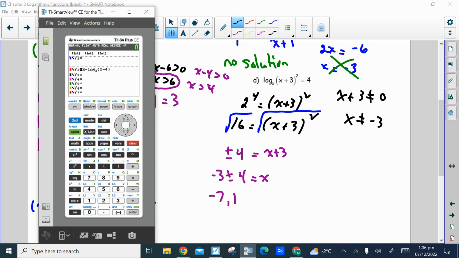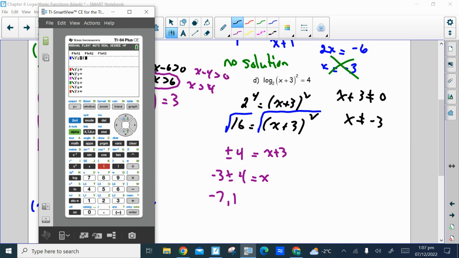It'll be the log of x plus 3 squared. Whoops, I have to fix this, because I'm just going to have one equation here. So let me clear this out. I'm going to have to write the log equation as one equation using the change of base identity.